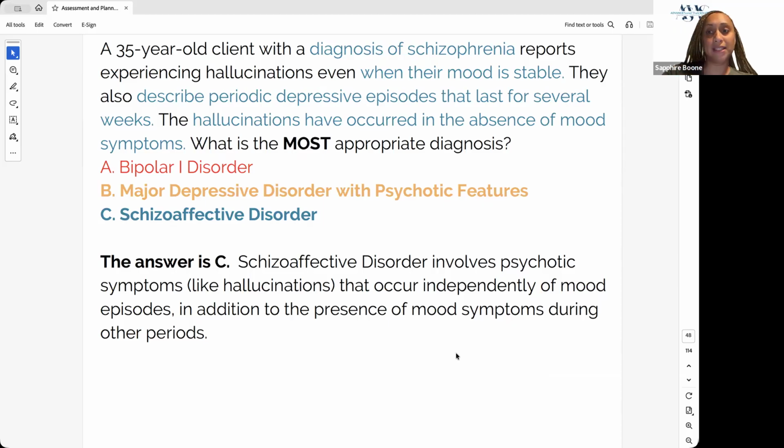With major depressive, your major depression is going to stay kind of steady. It's almost like your depressive symptoms are stable, but then you're also going to have maybe some manic episodes in there as well, or some kind of psychotic feature mixed in there. So the key here was that you were having hallucinations even in the absence of mood symptoms.